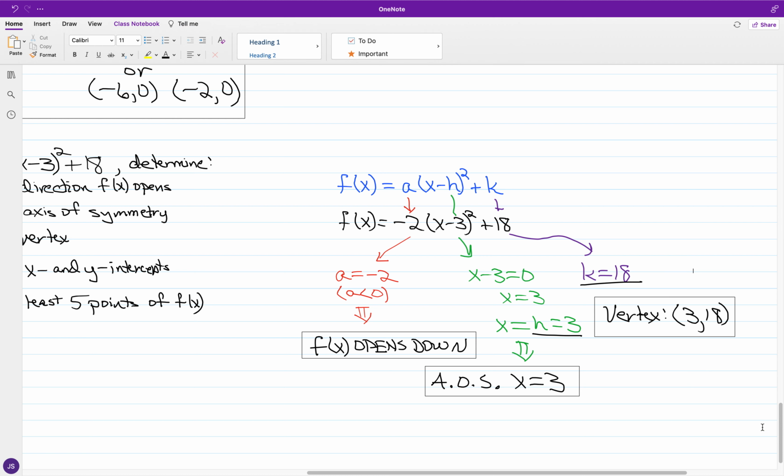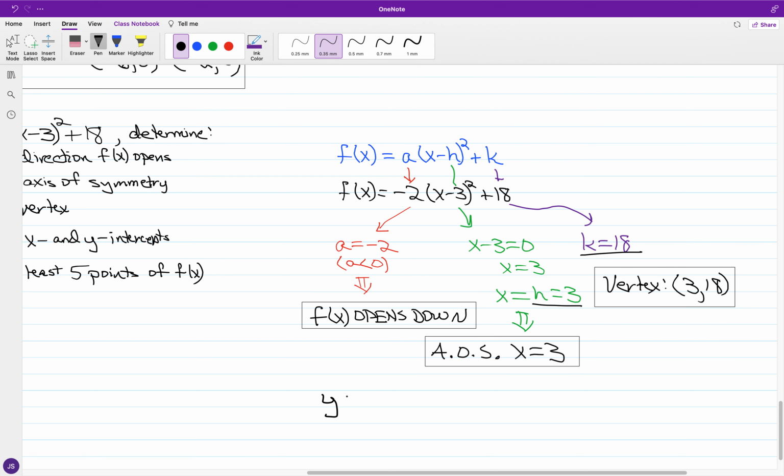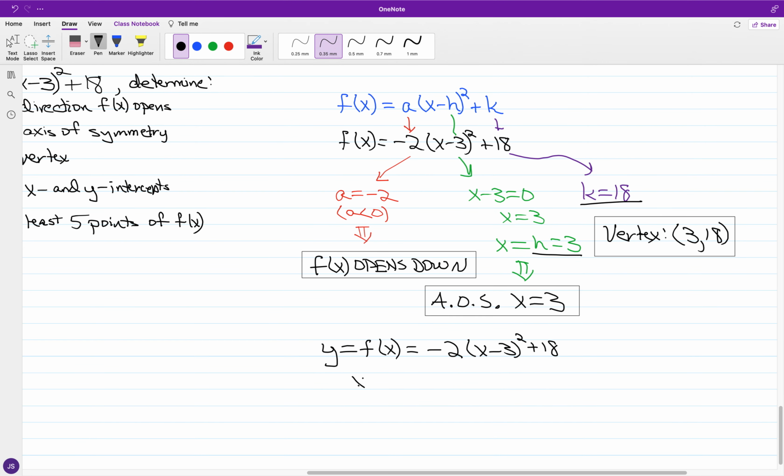Now regarding, once again, the intercepts. For the x-intercepts, you're setting y to 0 while solving for x.